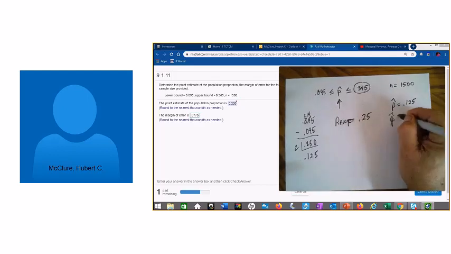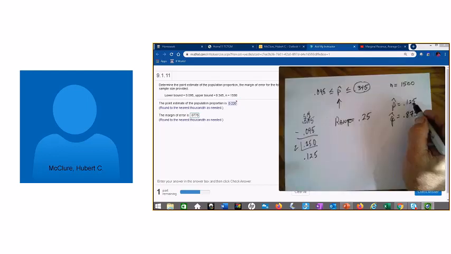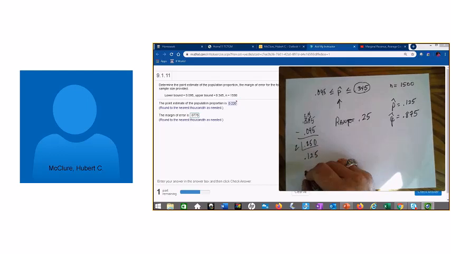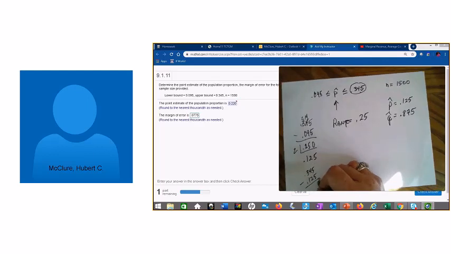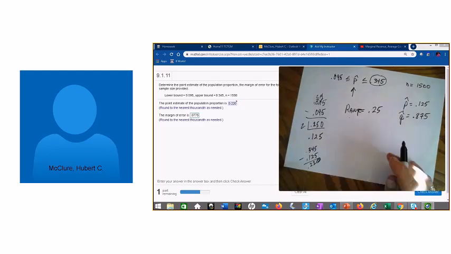Q hat is equal to 0.875. Now, what is the difference between 0.125 and 0.345? Well, let's do that. You already know 0.345 minus 0.125. 4 minus 2 is 2, and 3 minus 2.